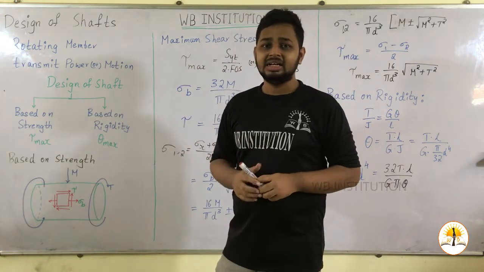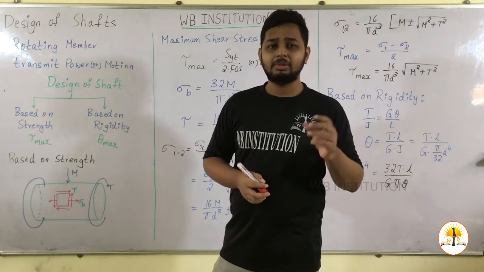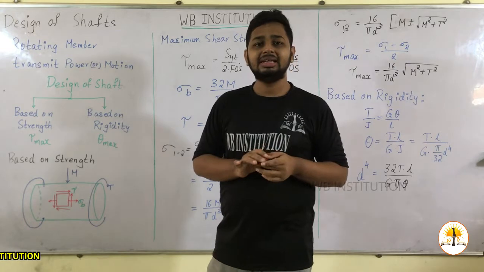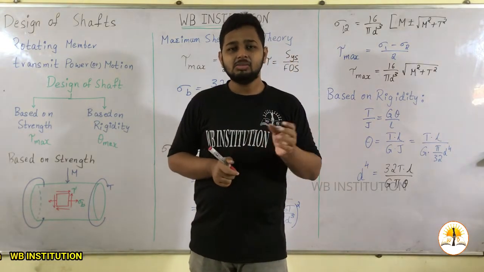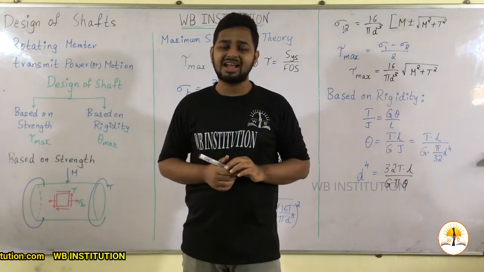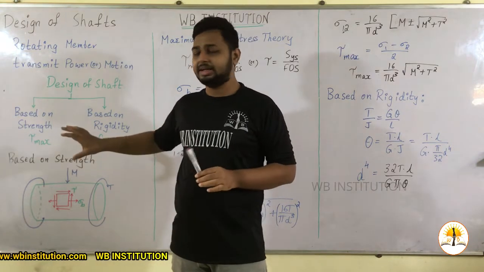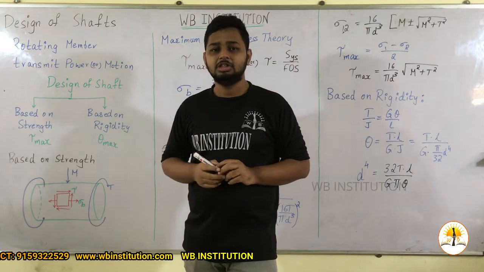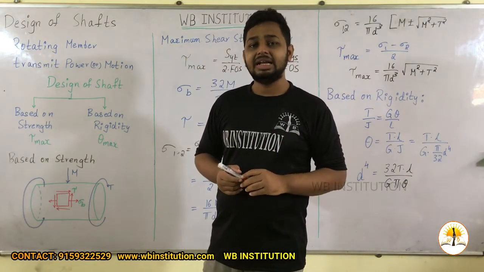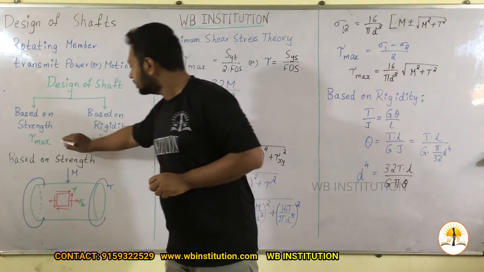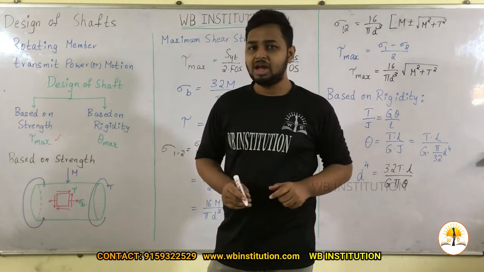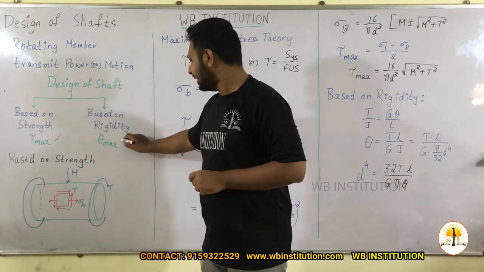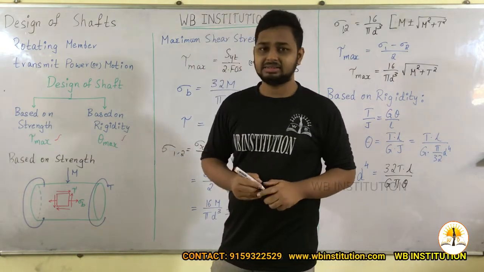Based on strength, shafts are generally made of ductile material, which yields and then fractures. Based on strength, the shaft is weaker in shear stress, so we calculate tau maximum, and based on rigidity it is considered as theta max.